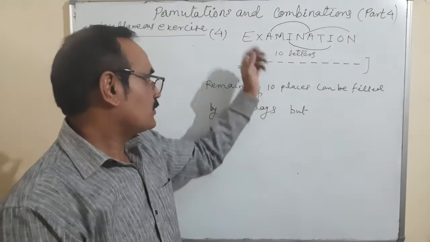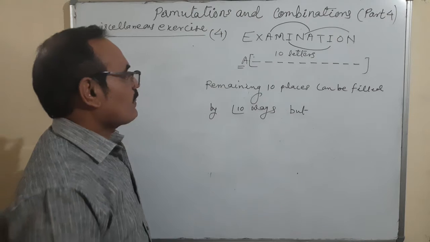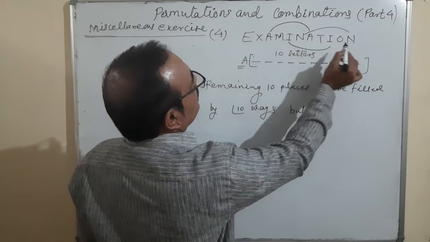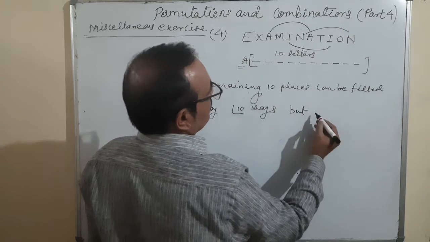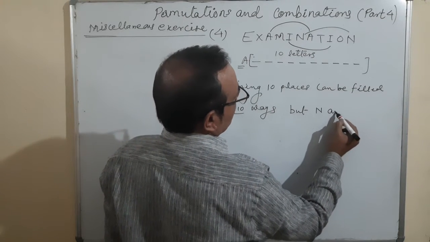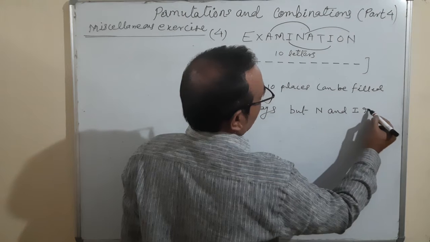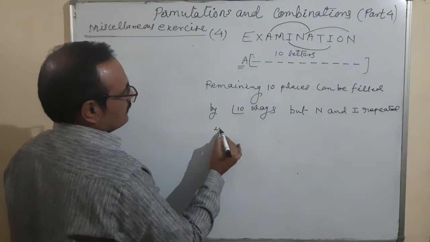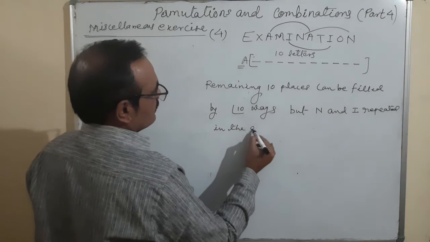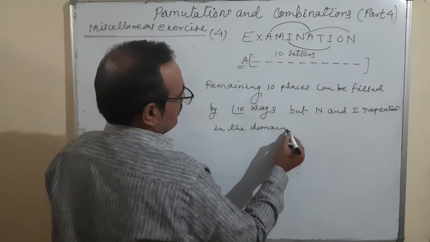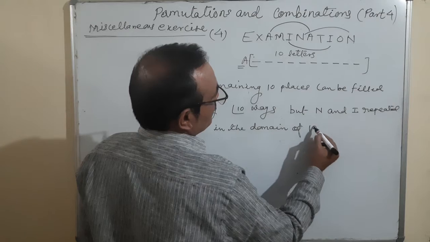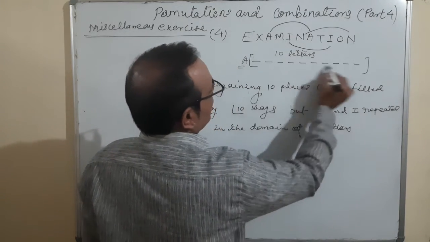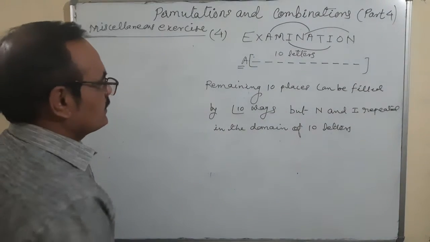So you can leave A. But N and I are repeated in the domain of 10 letters.